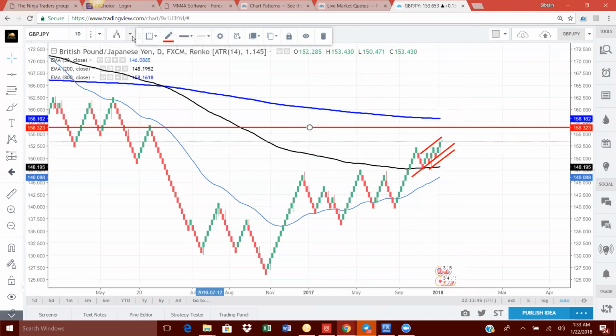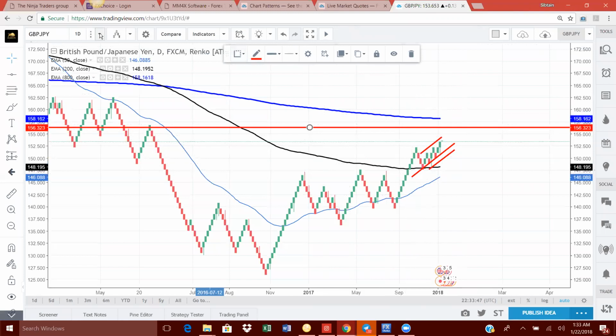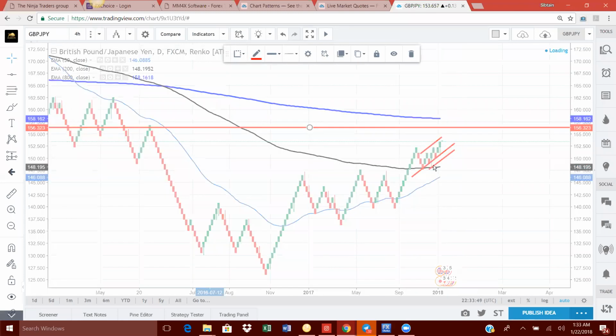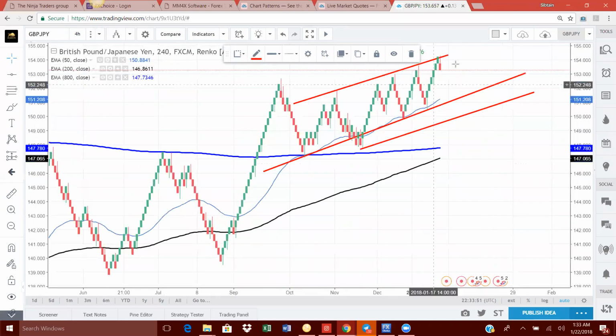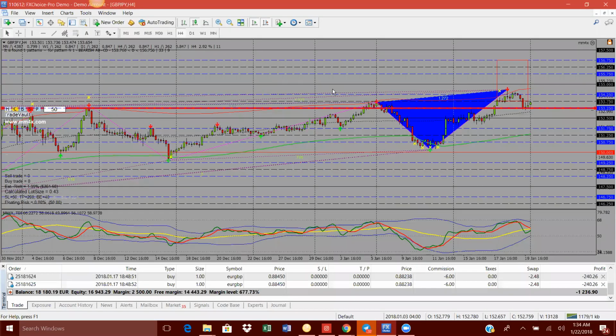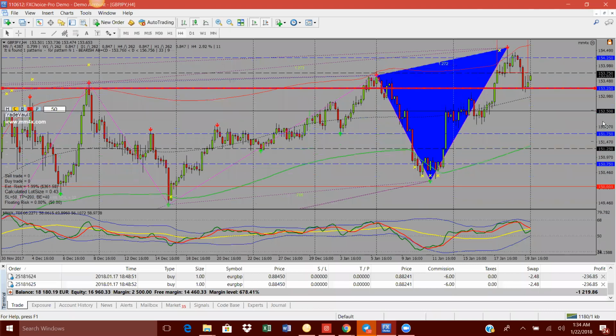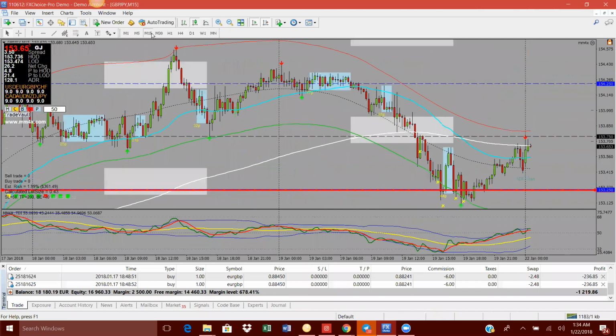But anything can happen, as I said. If JPY will be strong, then it could fall from here to here, about 250 pips. Let's see what the price will do.